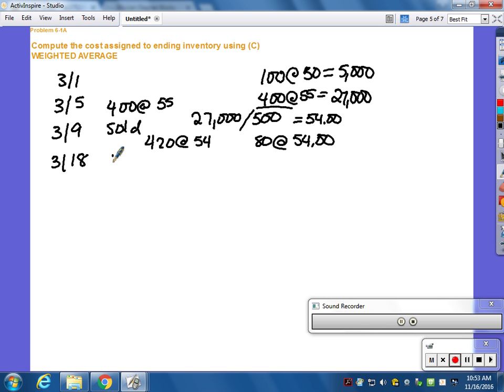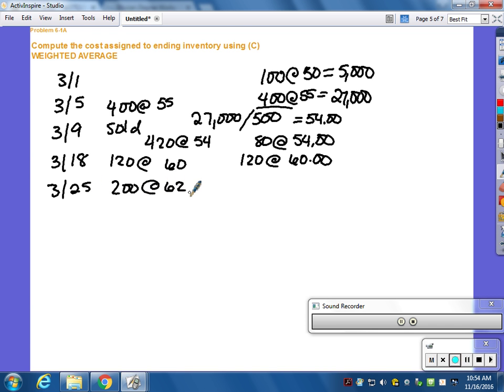They purchased 120 units at what? $60. And March 25th, they purchased how many units? 200 units at what price? $62. So we add that.